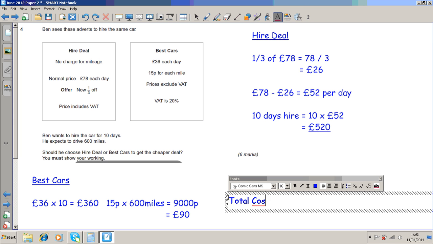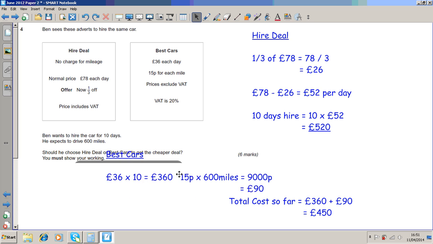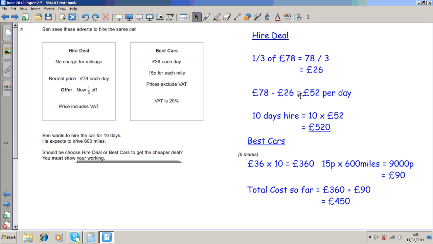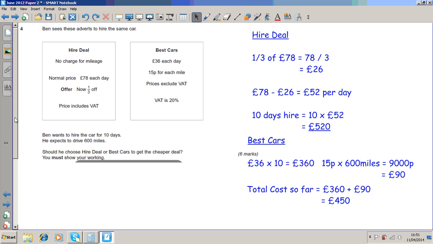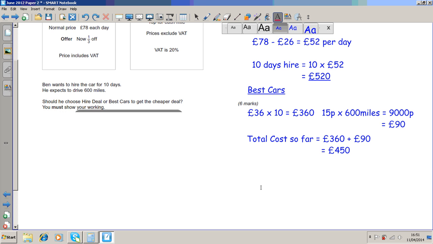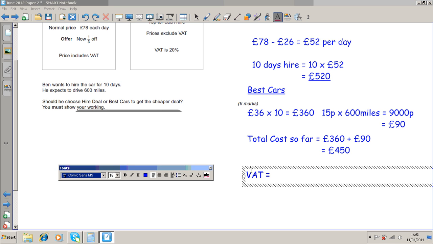Total cost so far equals 360 plus 90, which is £450 so far. Now we need to add on the VAT. VAT is 20%, so if I'm going to add 20% onto that, I times it by 1.2.